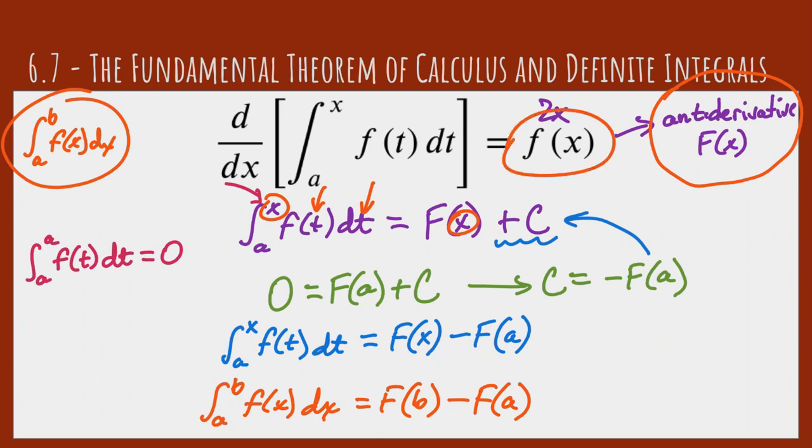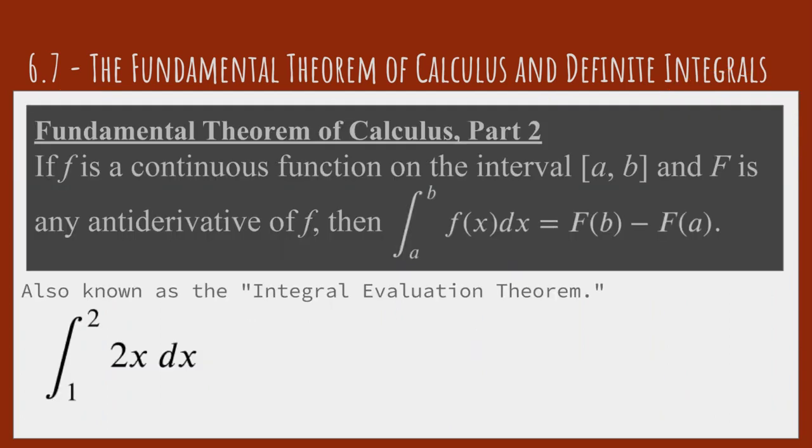So this process gives us another version of the fundamental theorem of calculus, which I'm going to call part 2. You'll see some textbooks call them the first and second fundamental theorem of calculus. I'm not a huge fan of that, because it implies they're two different theorems. Really, they're just equivalent versions of the same theorem.